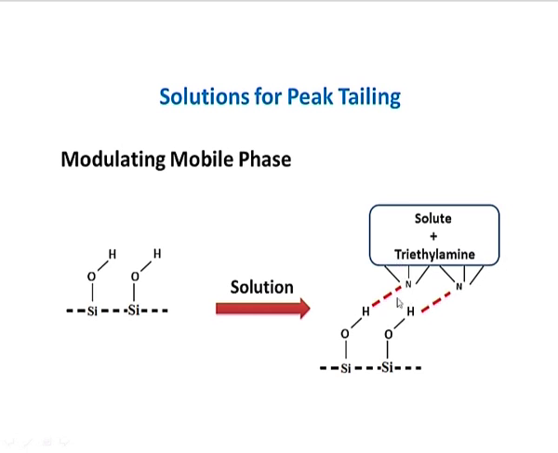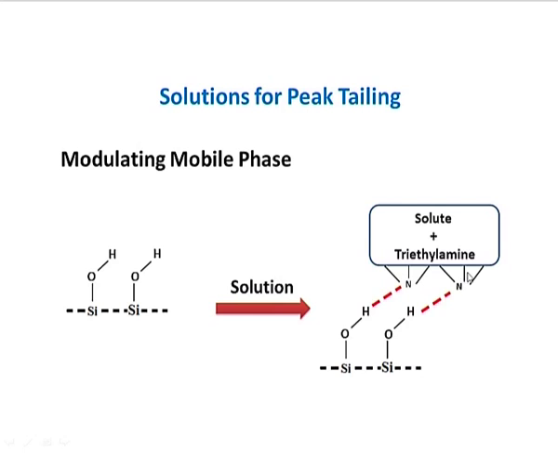This 1 or 2% of triethylamine is sufficient to plug in and engage these active OH groups, which are in addition to those C18 groups. Hence, your solute will only engage in hydrophobic interactions, and there are no other interactions going on, and hence the tailing should be circumvented.